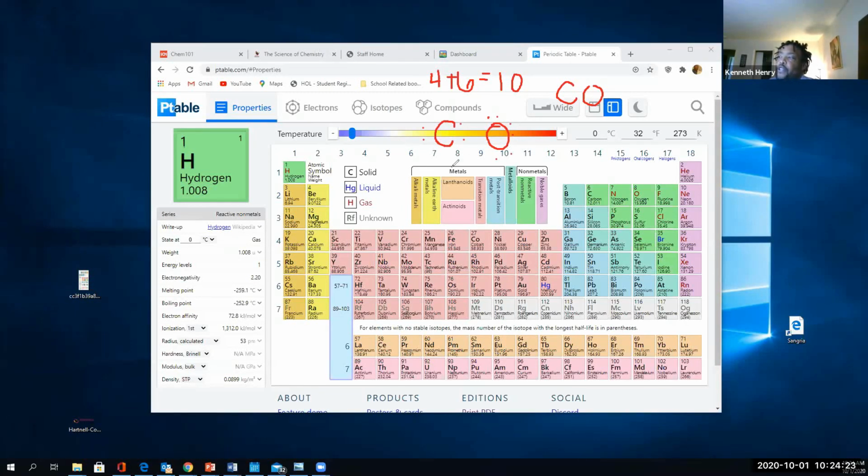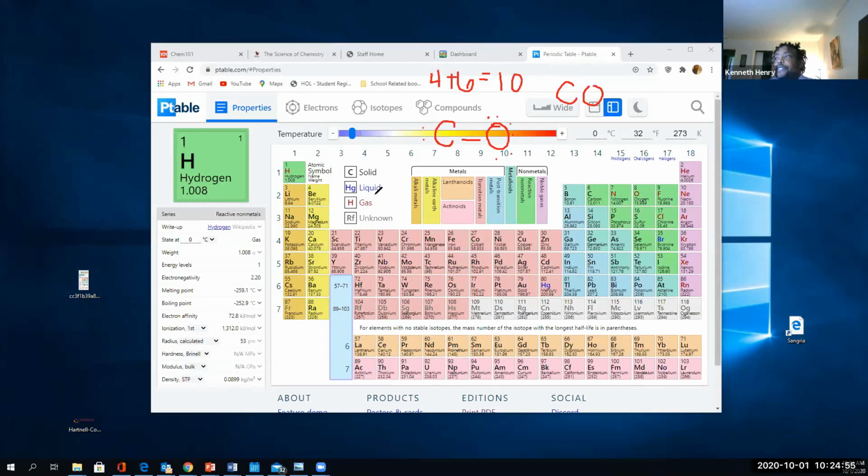Okay, so what can I do so that they both have 8 electrons around both of them? Have a single bond. Okay, let's see if we do a single bond. Okay, so is that 8 around carbon? No. So that's not reaching its octet.